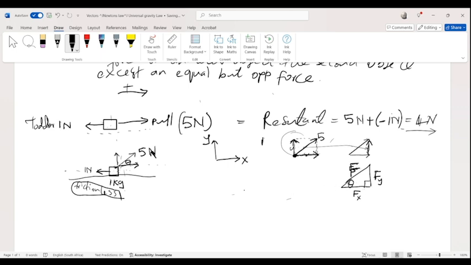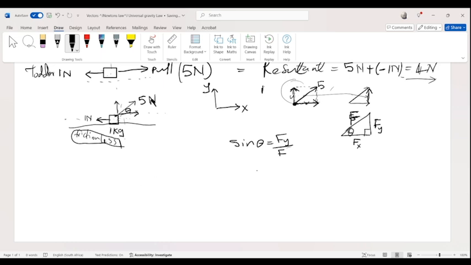Okay, let us go back to maths grade 10. Do you agree with me that the sine of theta is given by Fy over F? If you don't agree, please go to the comment section and say so.